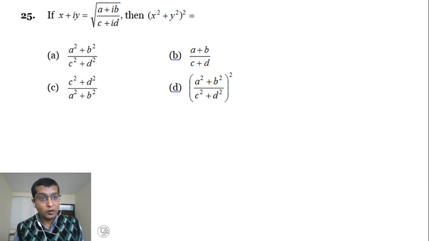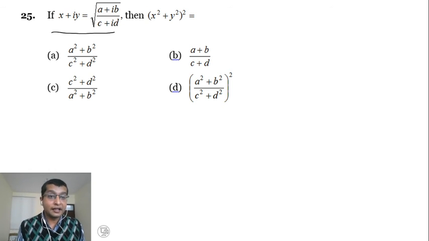See, you have solved this kind of example for 3 marks in first year, but I will write the solution in a few steps, because you have to write the solution within 1 minute here, right? So next, the given expression is x plus iy equals the square root of a plus ib divided by c plus id.